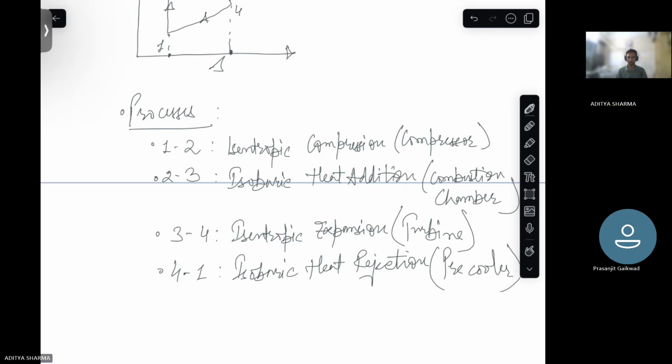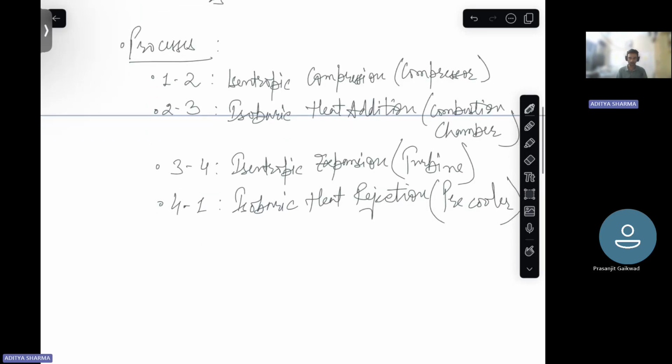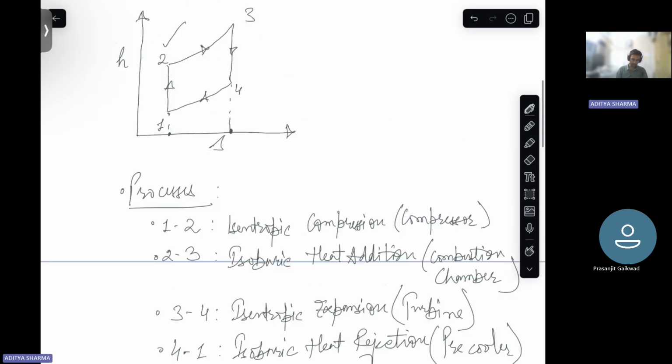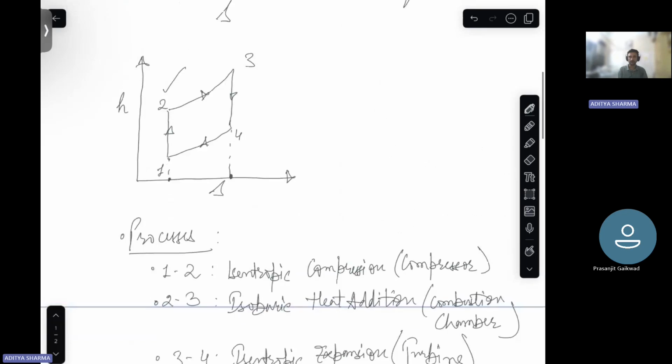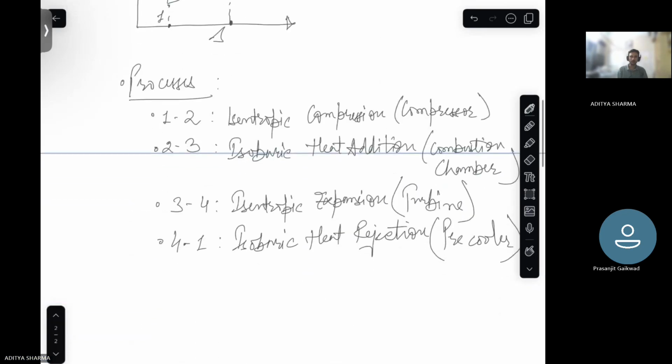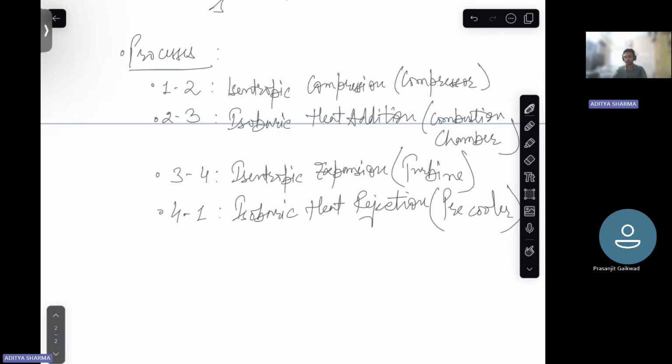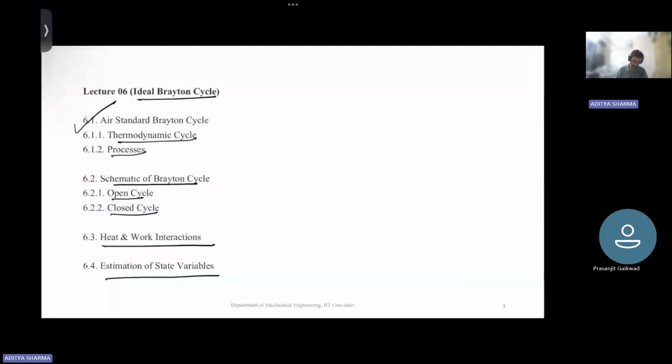Right? Otherwise, the heat goes to your atmosphere if it's an open cycle. So this is it about the processes and thermodynamic cycle for your ideal Brayton cycle. I hope there is no doubt in it. Then if you see, the second topic is your open cycle and closed cycle.